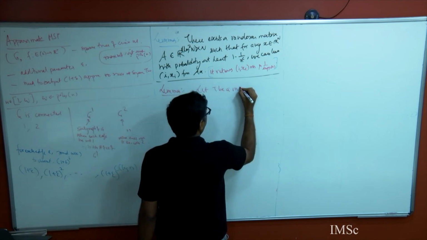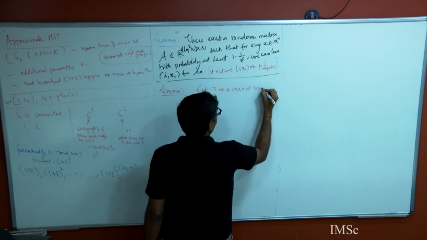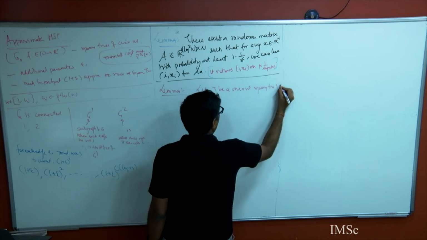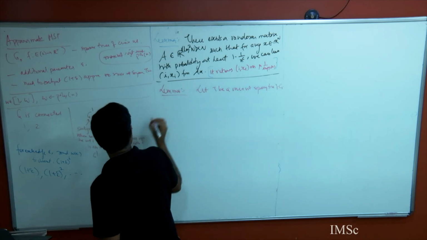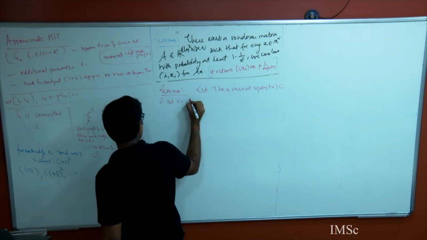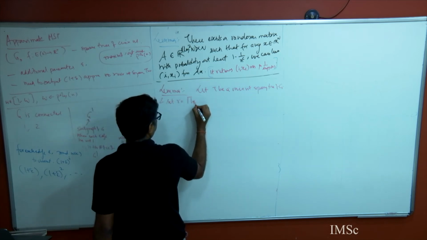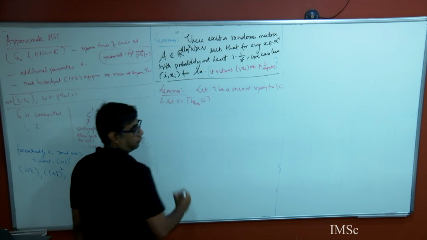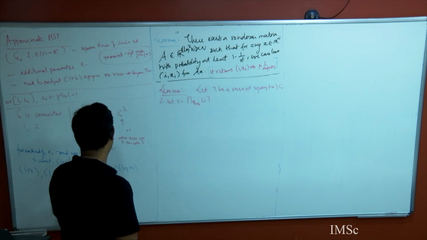Let T be a minimum weight spanning tree of G, and set R equal to log base (1 plus epsilon) of W, because that is how far it can go.